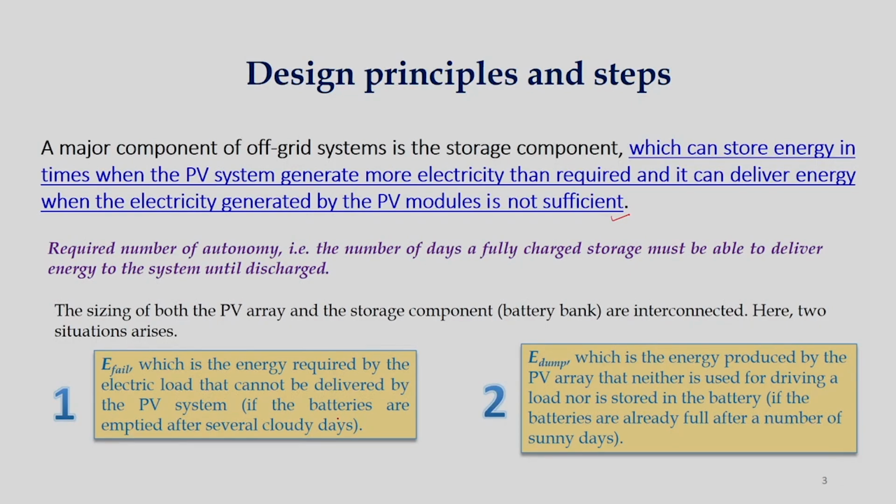The second terminology is E_dump, which is the energy produced by the PV array that is neither used for driving a load nor stored in the battery. That means the batteries are already full after a number of sunny days. These two situations we need to understand very critically.